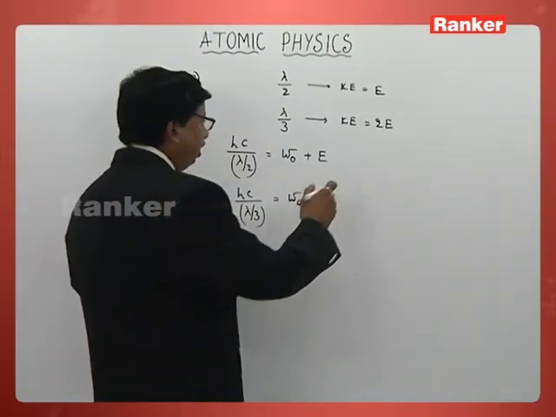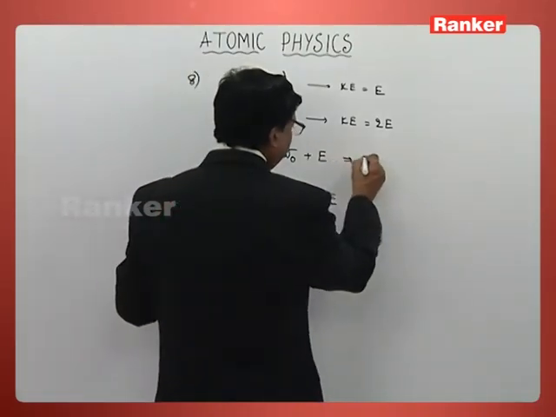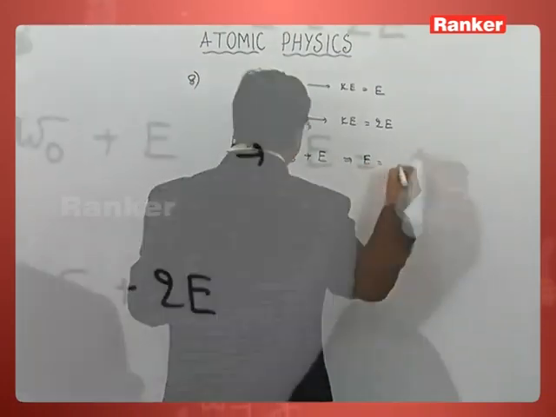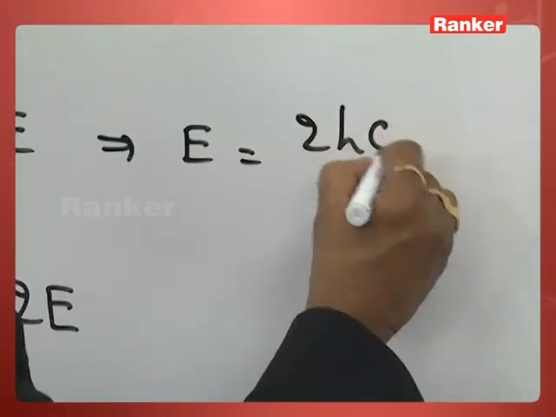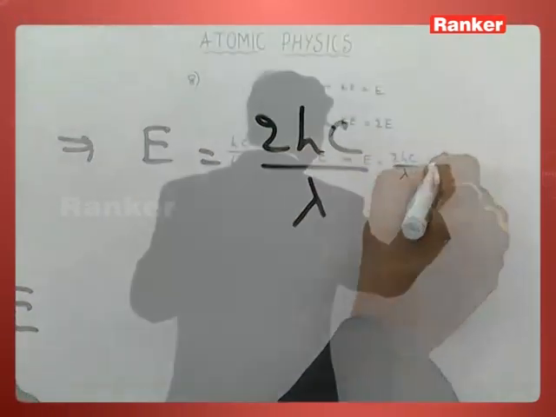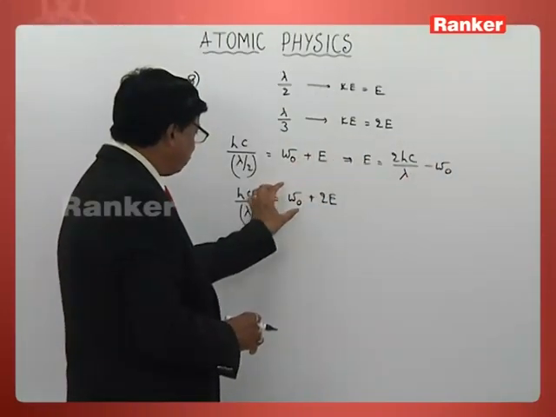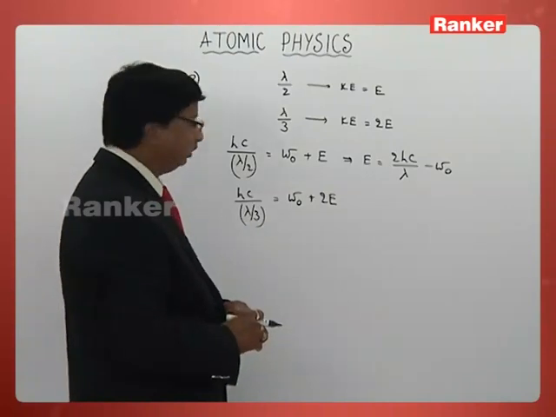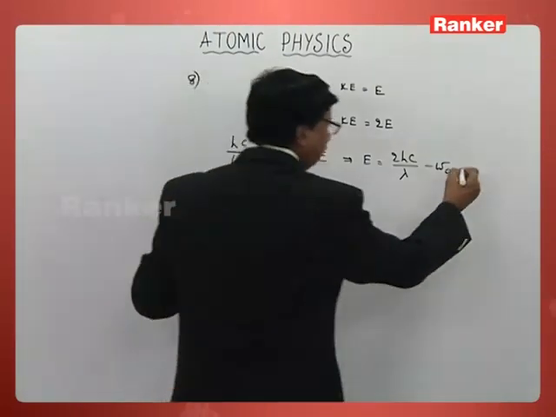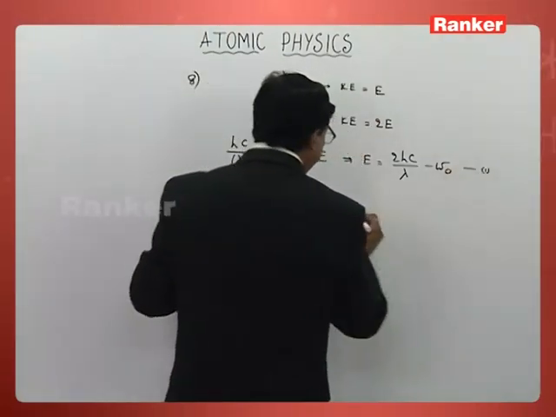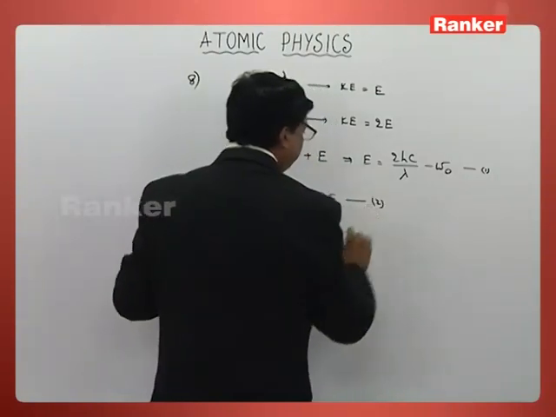So what can we write now from this one? The first equation says E is equal to 2Hc by lambda minus W naught. That value you substitute here. This I take as equation 1, this I consider as equation 2.